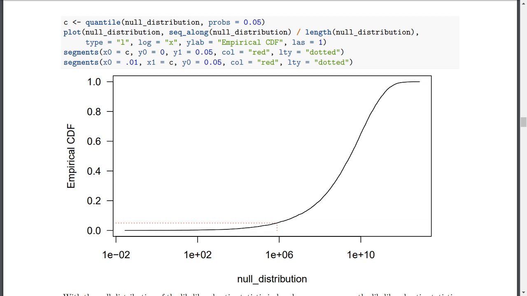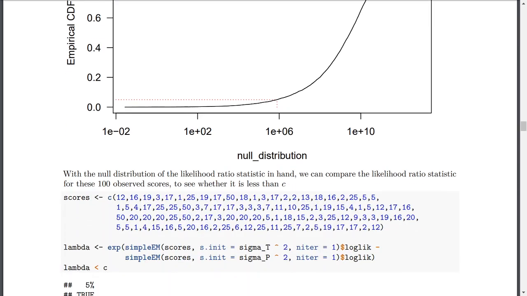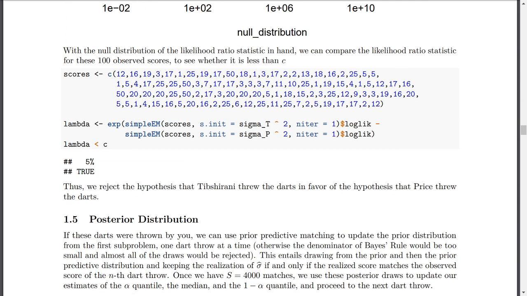So this is the distribution of the likelihood ratio statistic under the null hypothesis that Tibshirani threw this. Then we can take the actual scores, calculate the actual likelihood ratio statistic, and see whether that is less than our cutoff. That's true. So we reject the hypothesis that Tibshirani threw these darts in favor of the hypothesis that Price threw these darts, assuming those are the only two possibilities.